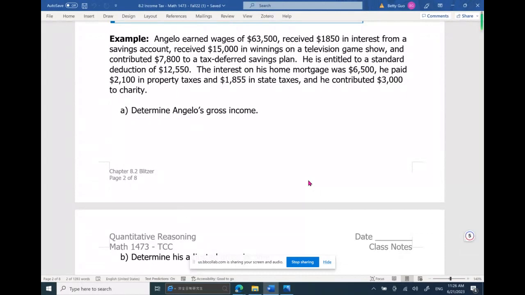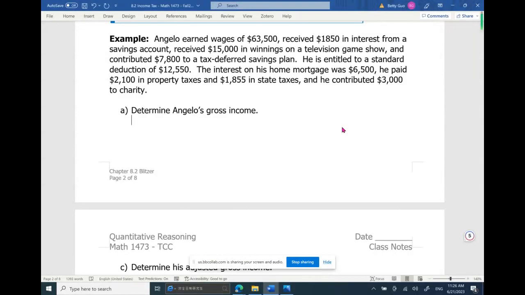He is entitled to a standard deduction of $12,550. The interest on his home mortgage was $6,500. He paid $2,100 in property taxes and $1,855 in state taxes, and he contributed $3,000 to charity. So those are the information about Angelo.